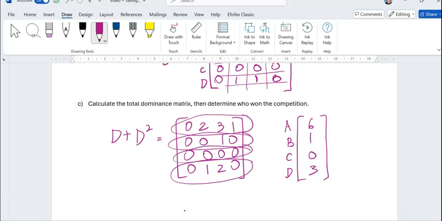The highest score means the highest ranking on the list of teams. In this case, A would be first because it's got the highest total dominance score. D would be second, B would be third, and C would be fourth on the ladder. So when it says calculate the total dominance matrix and determine who won the competition, A wins the competition with a total dominance score of 6.